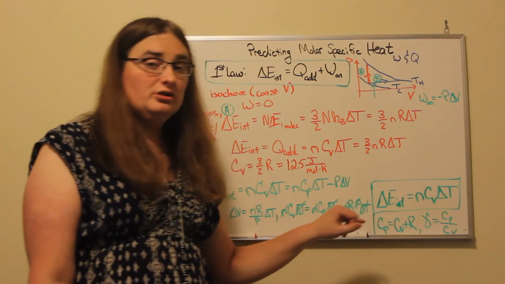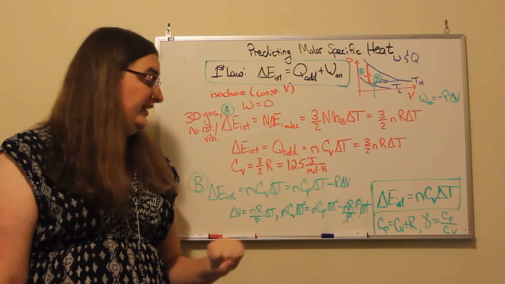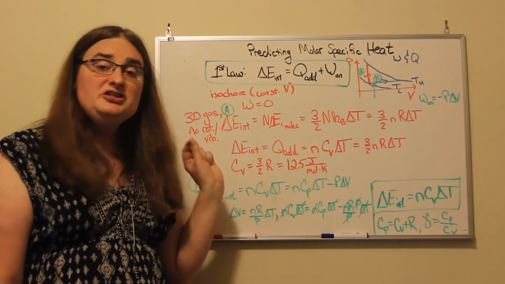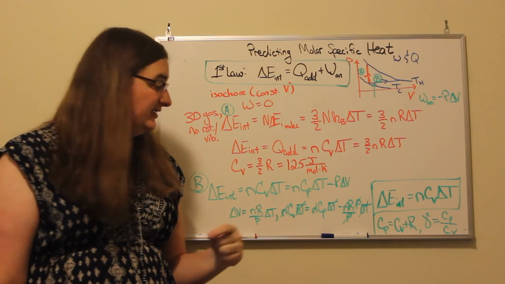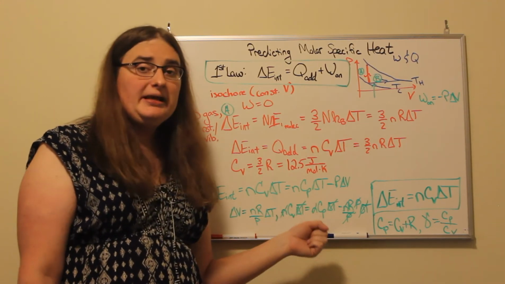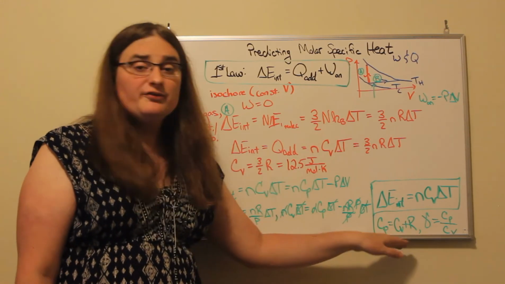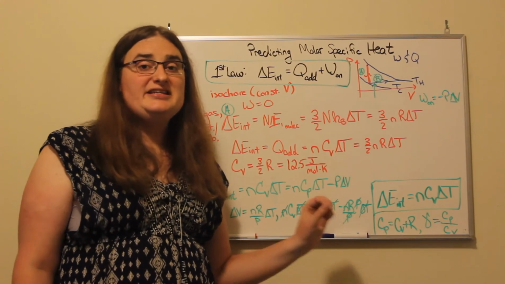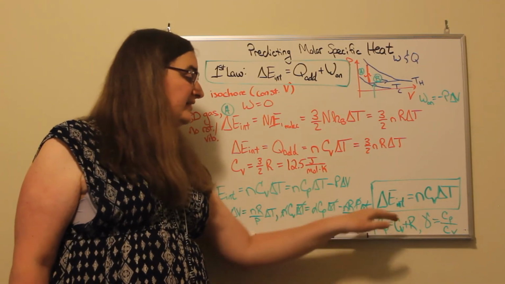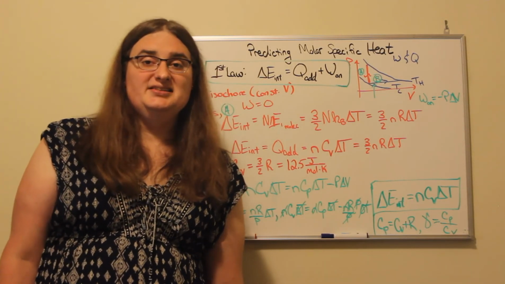All three of those terms have the number of moles and the change in temperature, so those cancel out, and I'm left with another general relationship. The constant volume heat capacity is the constant pressure heat capacity minus the universal gas constant, or if you want to frame it positively, the constant pressure heat capacity for an ideal gas should always be the constant volume heat capacity plus the universal gas constant.